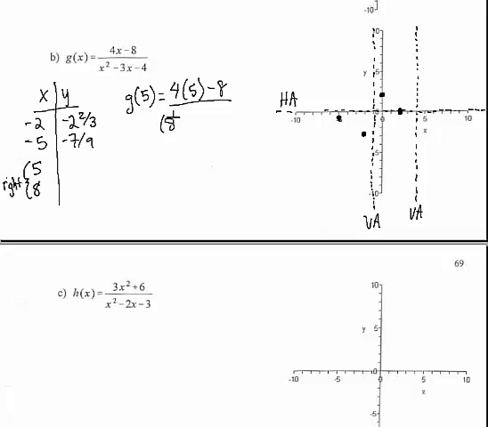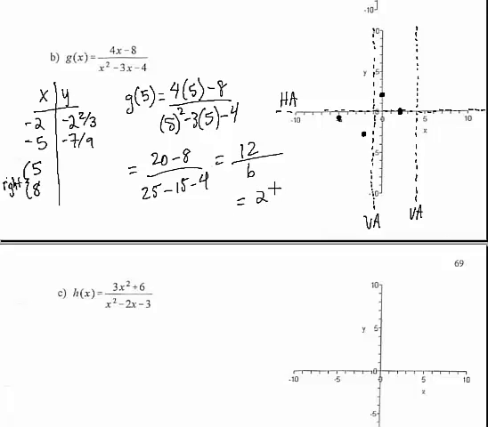On the bottom we have 5 squared minus 3 times 5 minus 4. 20 minus 8, 25 minus 15 minus 4. 20 minus 8 on the top is a 12, 25 minus 15 is 10, and then take away 4 more, we get 6, and we actually get a whole number, 2.